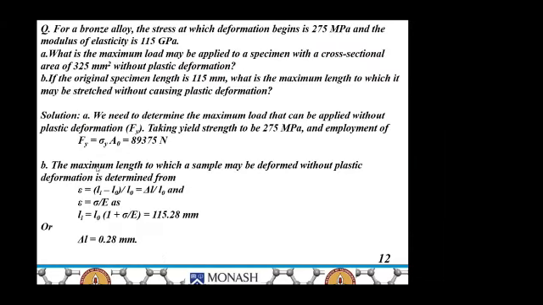Now we discuss a numerical for a bronze alloy. The stress at which deformation begins is 275 megapascal, and the modulus of elasticity is 115 gigapascal. What is the maximum load that may be applied to a specimen with a cross-sectional area of 325 millimeter square without plastic deformation?